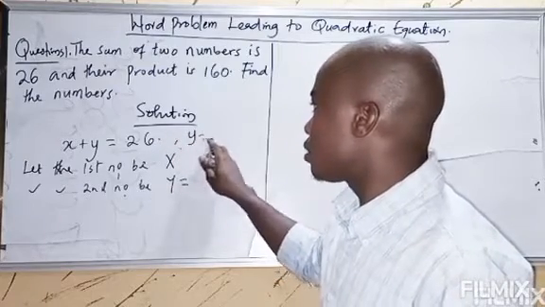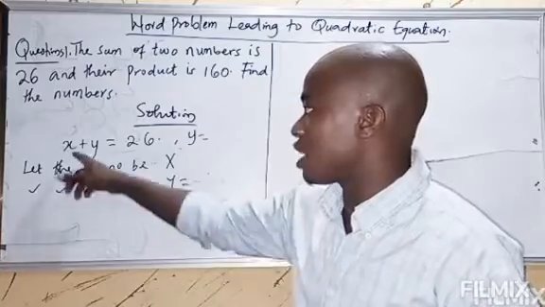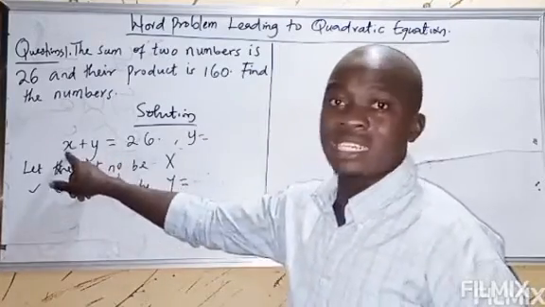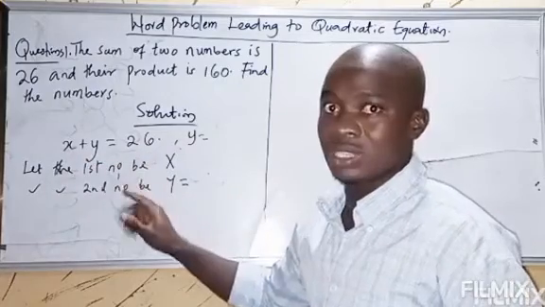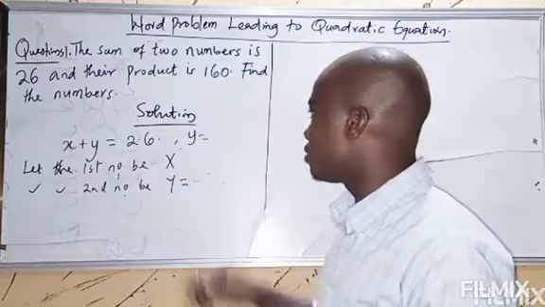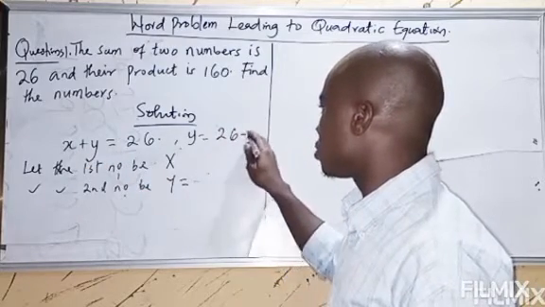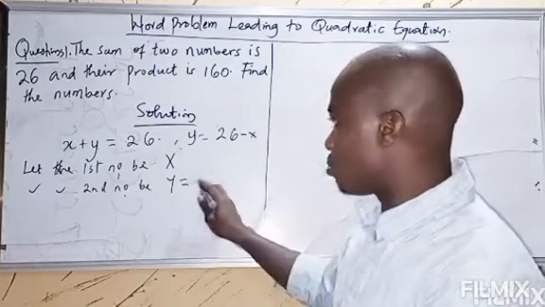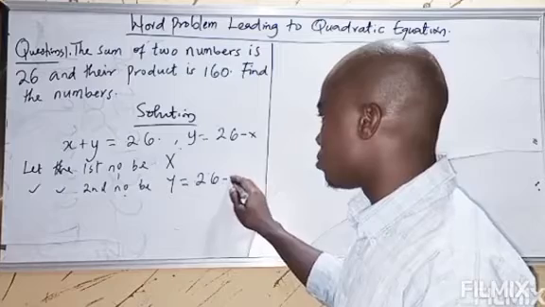You make y the subject of the formula in terms of x, which means y equals 26 minus x, subtracting x from both sides. Therefore my y, the second number, is 26 minus x.